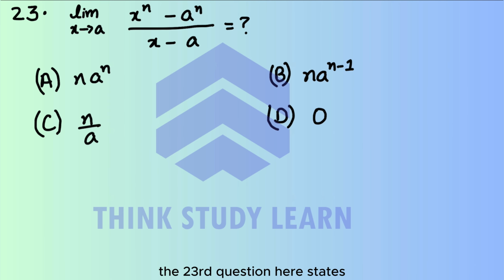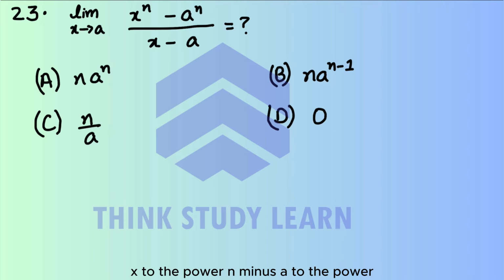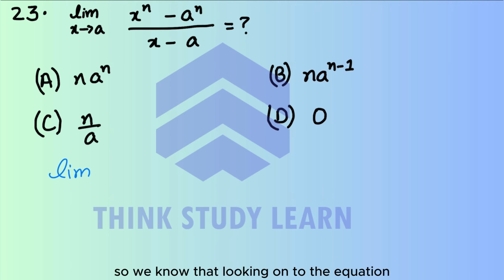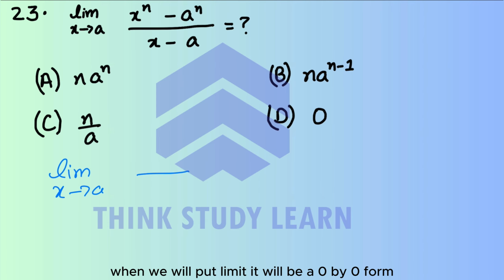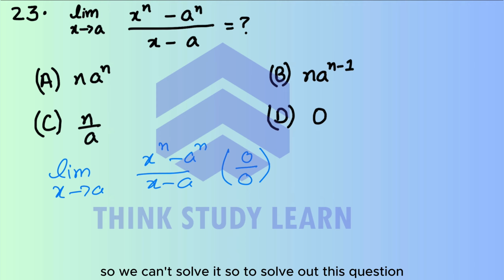The 23rd question here states find out the limit x approaches to a for the equation x to the power n minus a to the power n over x minus a. So we know that looking onto the equation, when we put the limit, it will be a 0 by 0 form, so we can't solve it directly. So to solve this question, we will first take derivative.